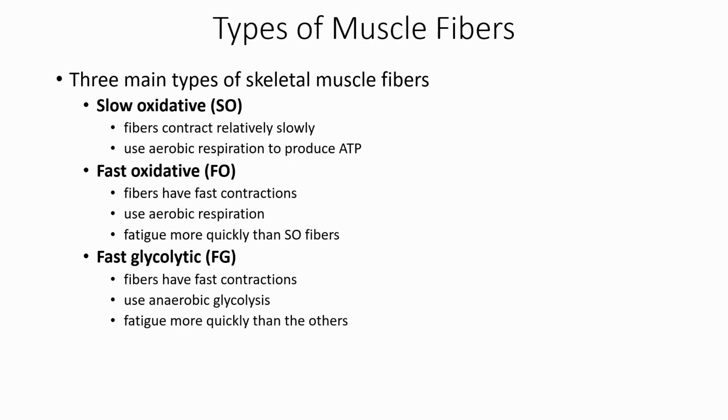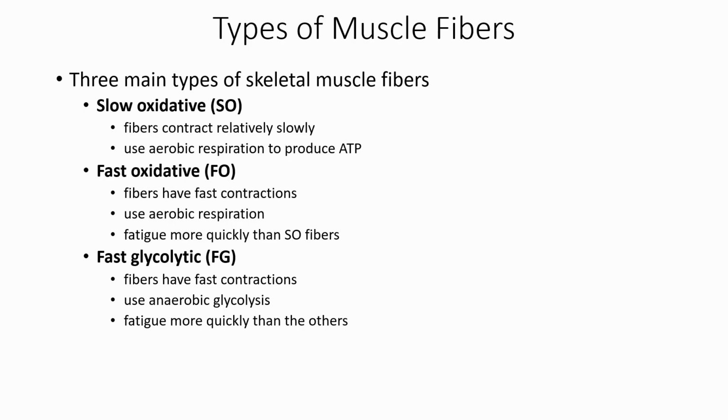So you can think of the slow oxidatives like the Prius, right? Your 0 to 60 is not going to be great. You're not going to go street racing in your Prius, but when gas mileage is an issue, it's fantastic. You can go and go and go for miles before you need to stop at a pump. Versus fast glycolytic, this is like the sports car.